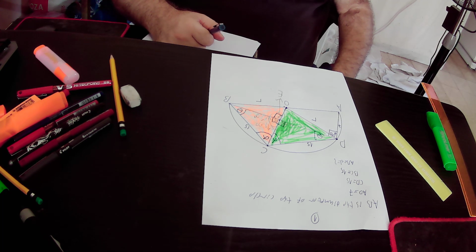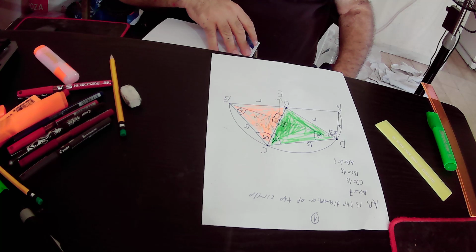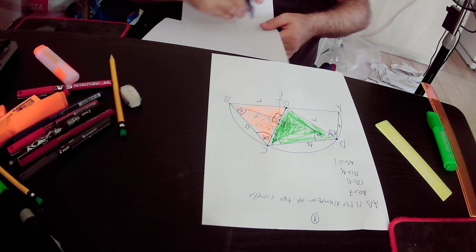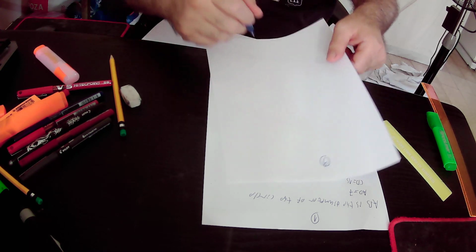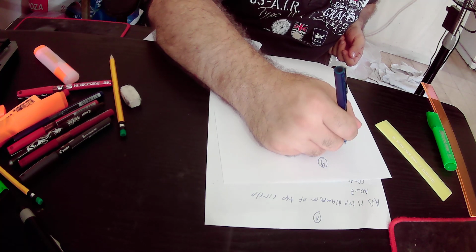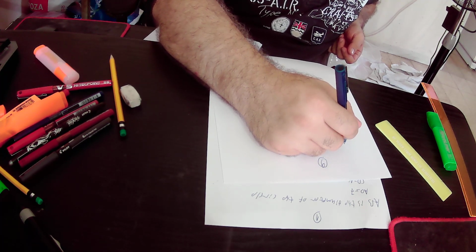Okay, so the sum of the angles around point E equals 360 degrees.